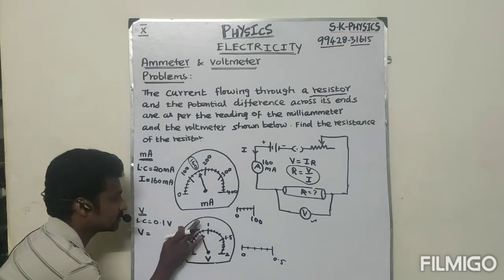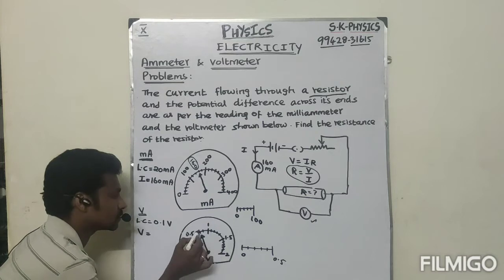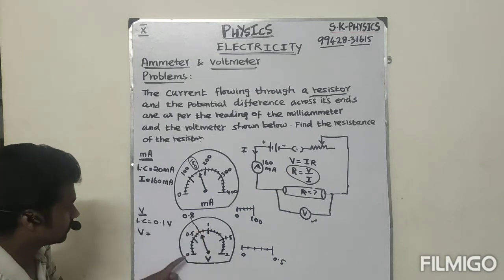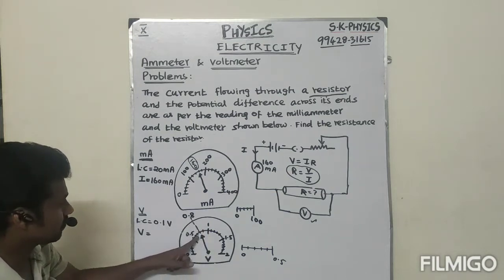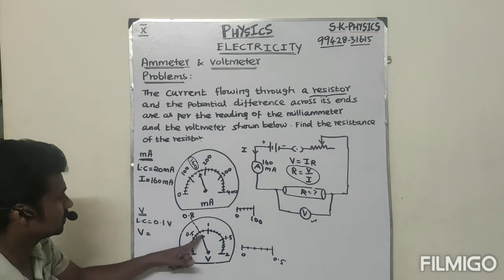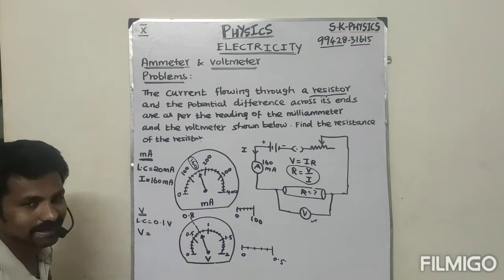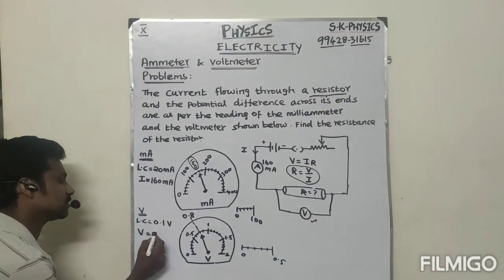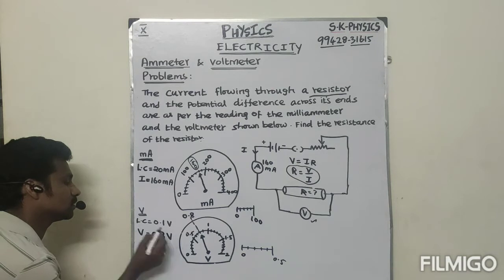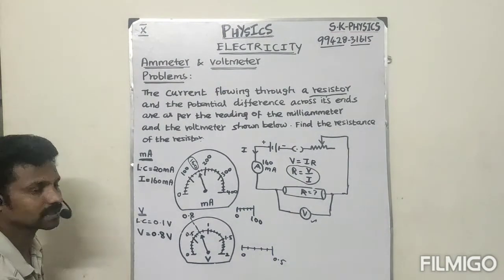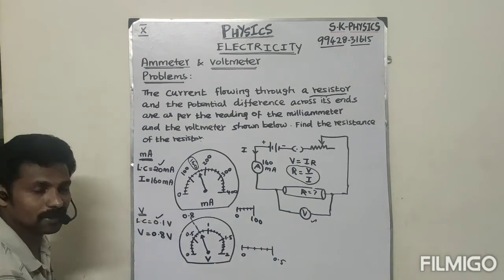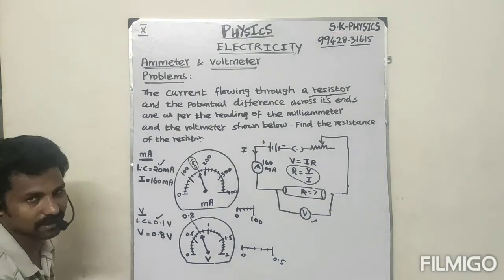Please listen, I hope it is visible. So this line is here. I'll write here 0.8. The needle is at 0.8 volt.